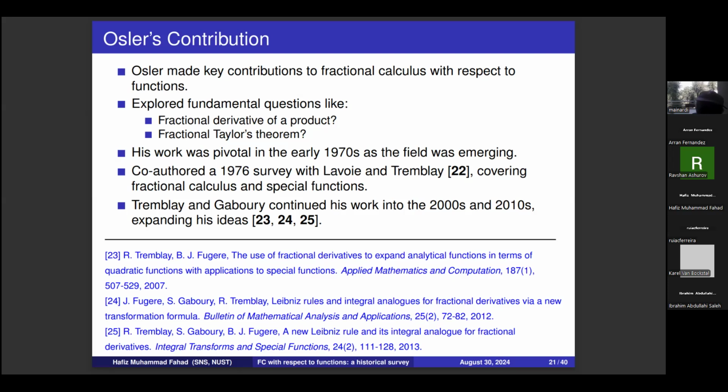His influence continued through the 1976 survey co-authored with Lavoie and Tomley, and his ideas were further developed by Tomley and Gabriel in the 2000s and 2010s, and they expanded his work based on the foundational ideas he discovered in his works.